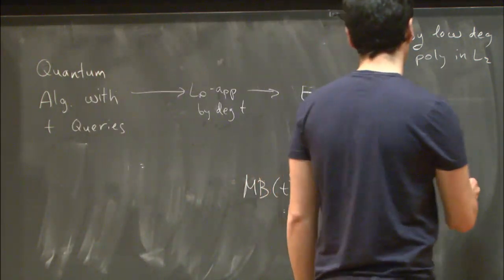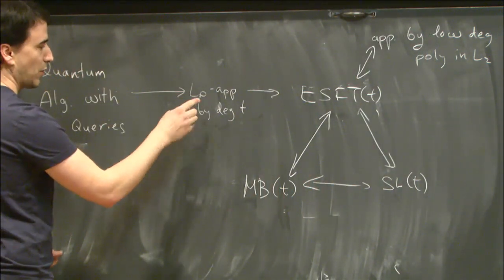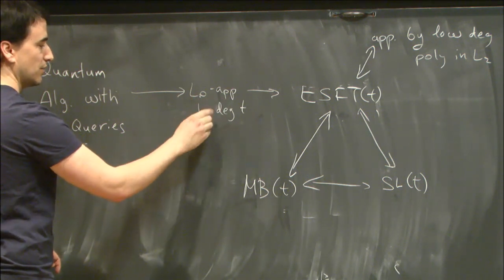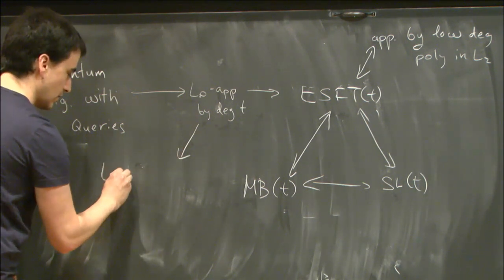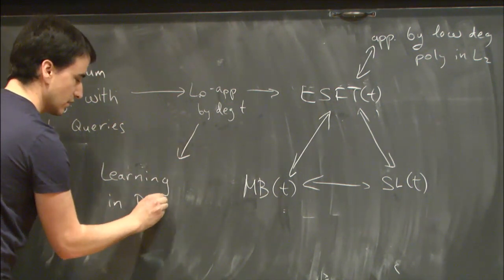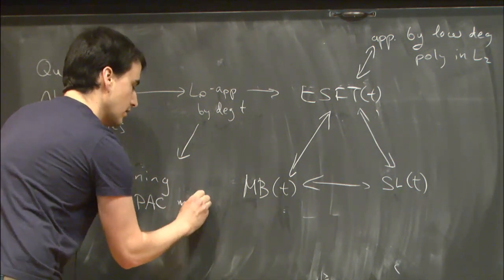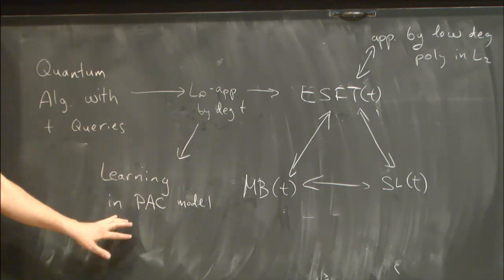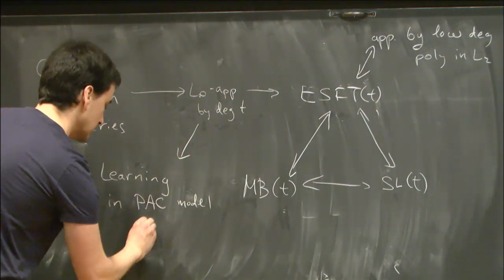Now I want to mention some applications. The fact that you can be approximated by degree t in L infinity means that you can learn the Boolean function under any distribution. This is called PAC learning. It is enough to have this kind of thing to have a PAC learning algorithm which runs in time, I think, something like n to the t.